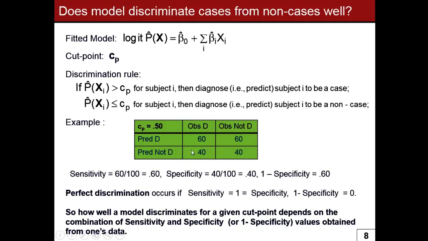But we missed 40 cases. These are 40 people that had a low probability, they were predicted to not be diseased, and we missed them, and they were actually cases. So that would be sensitivity 0.6, because it's 60 over 100, so not very good. We missed a lot of cases with this decision rule. Okay, so that was good.